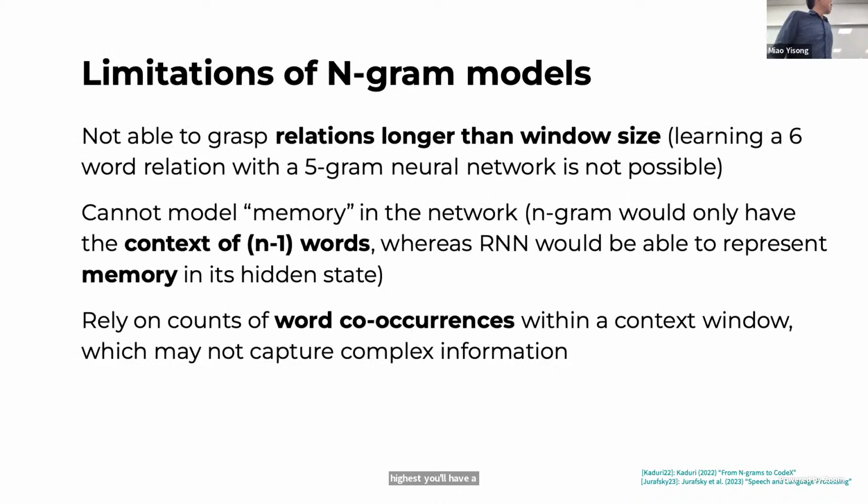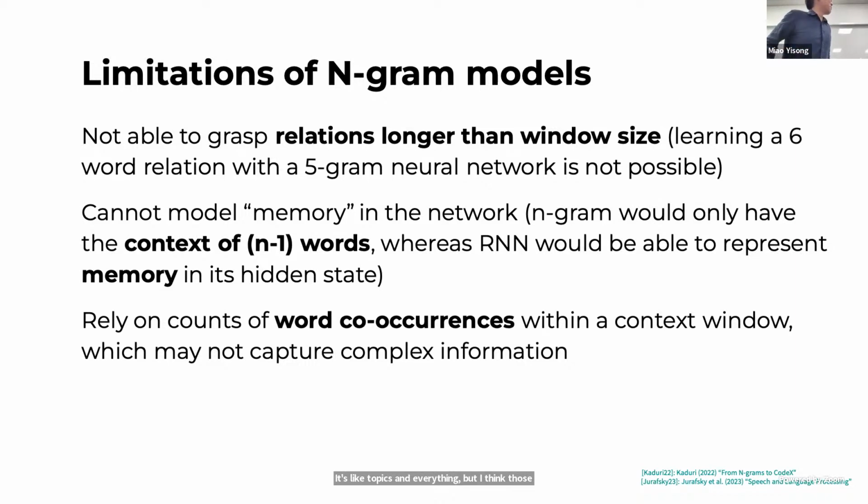So the limitations of n-gram-based models is that, as you probably can guess from the word n-gram model, you can only predict n-length sequences. So if you were to look at relations that are longer than n-gram, it'll be very tricky for it. I think there has been work done on engineering it with topics and everything, but I think those efforts are kind of hard.